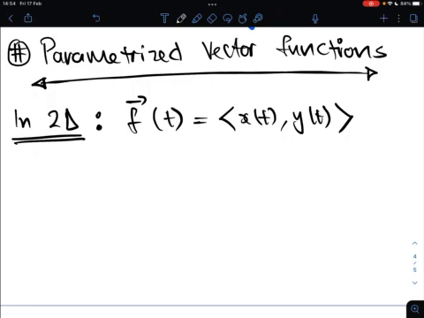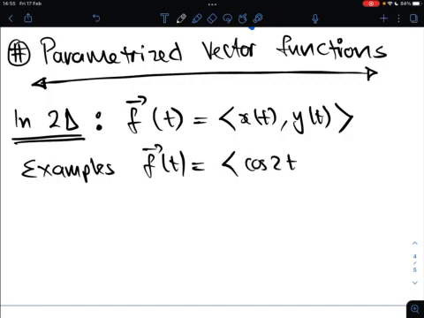So in 2-dimensional space, a parameterized vector function depends only on the parameter t, in such a way that each of its individual components, the x and the y components, also depend directly on the parameter t. So it is a vector function with this structure. An example of such a vector function is f(t) equals (cos 2t, e^t). So this is an example of what we call a parameterized vector function.